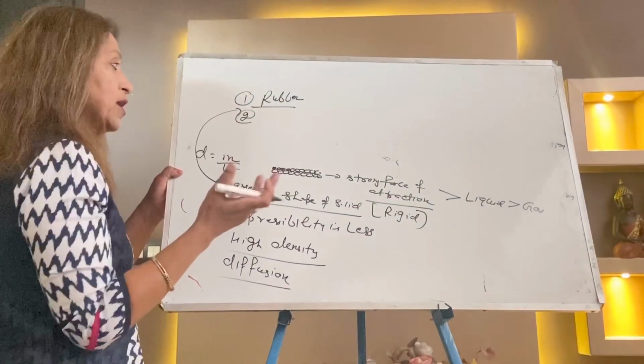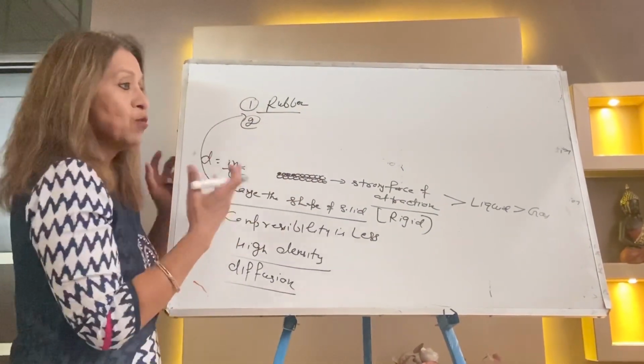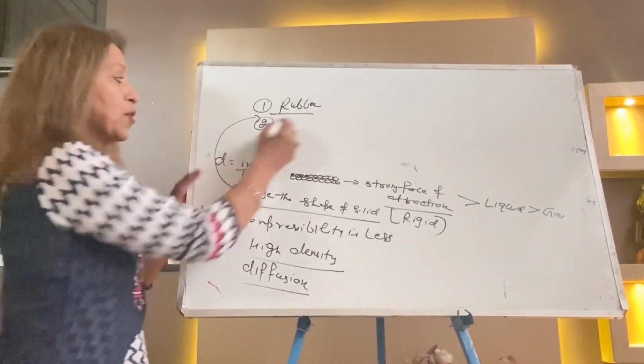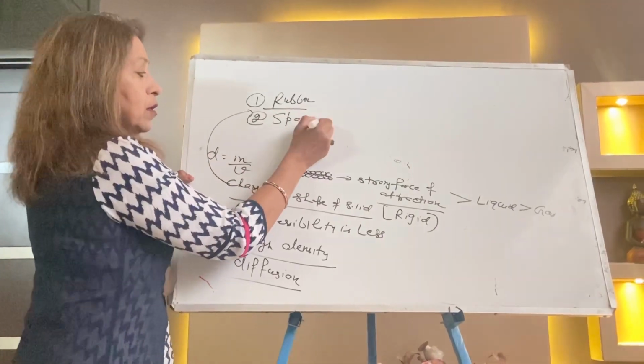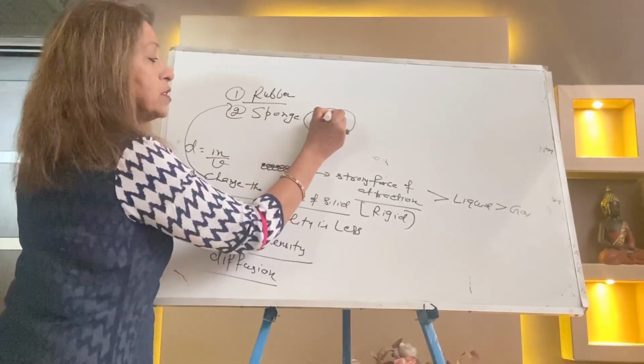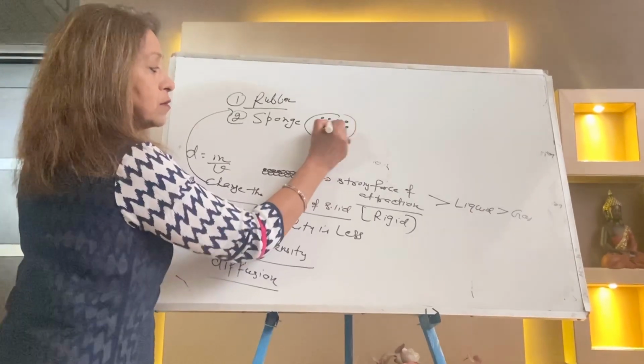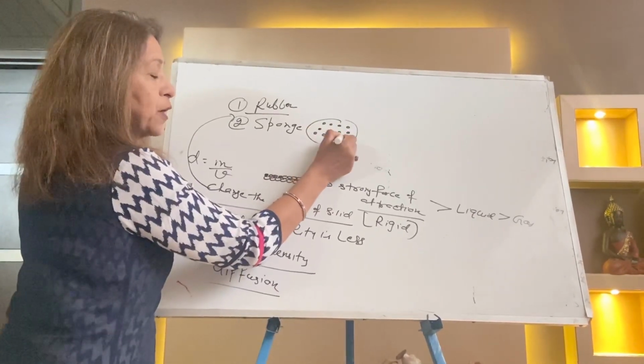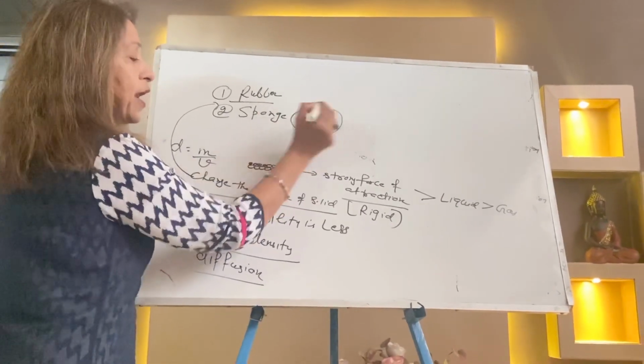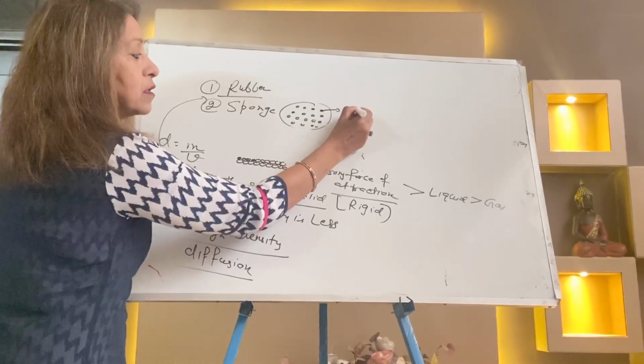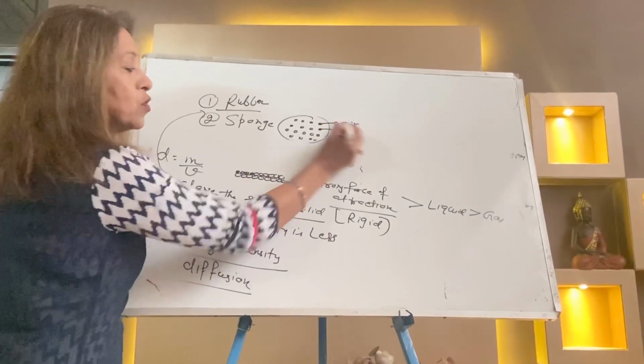Next is sponge. In the sponge there are little holes, little pores, and air is within these pores.